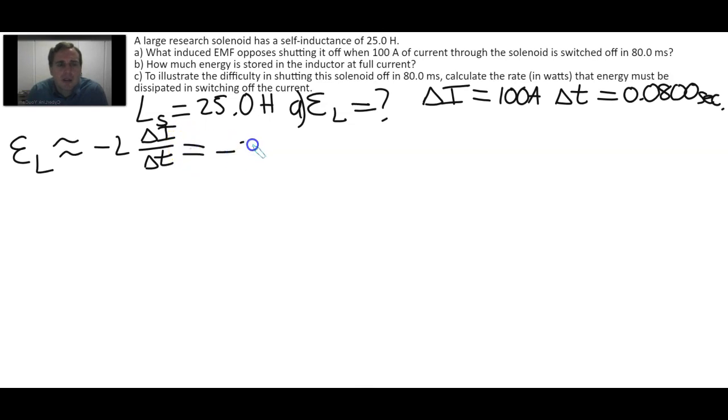This is minus 25.0 henries, and the change in current is 100 amperes. By the way, the current goes from a maximum value to 0, so final minus initial is a negative, and we divide by 0.0800 seconds.